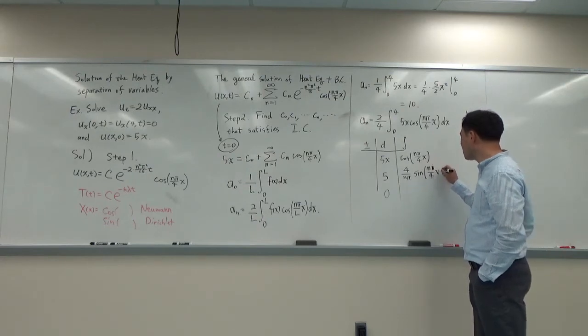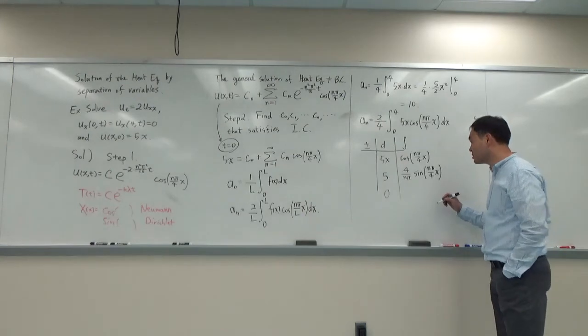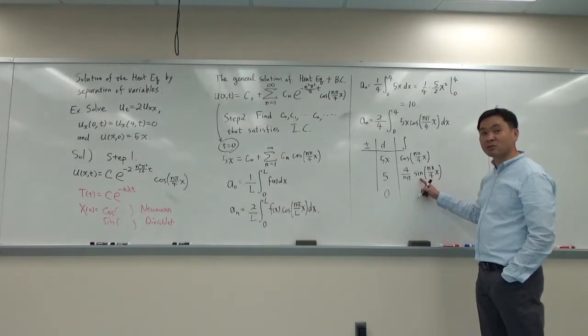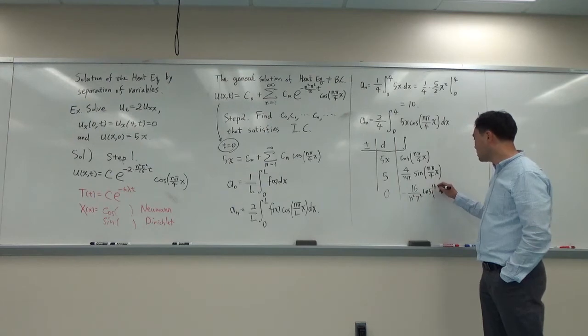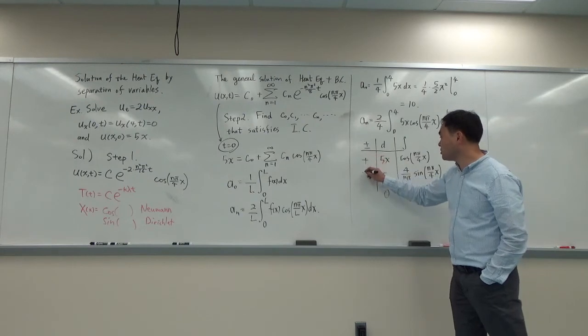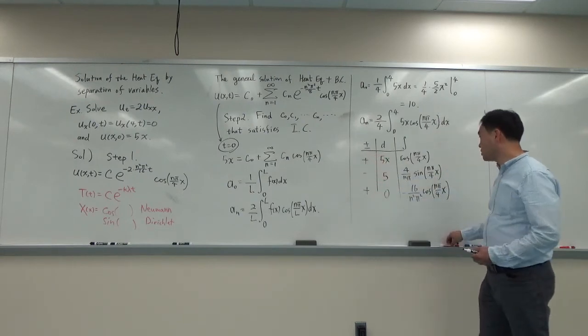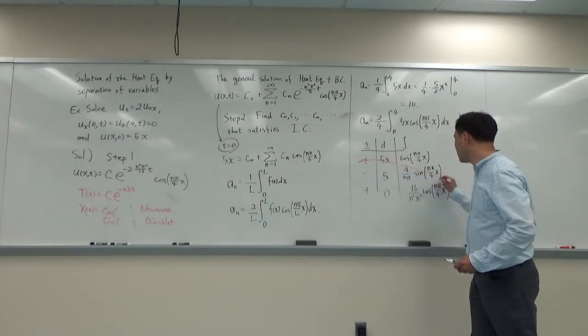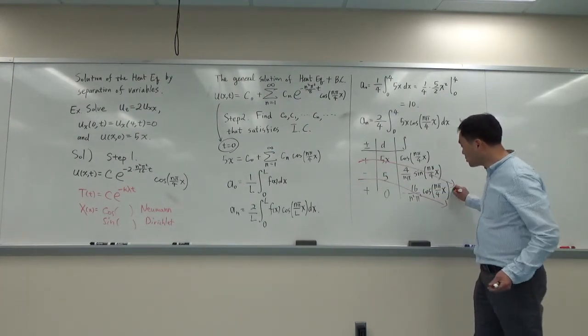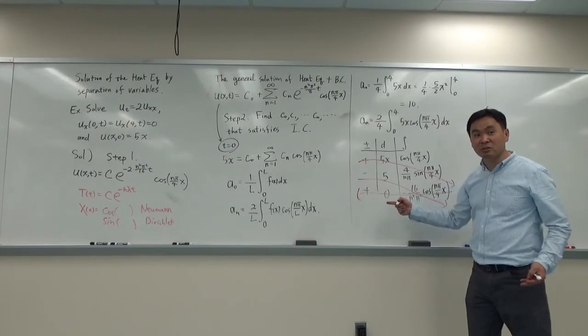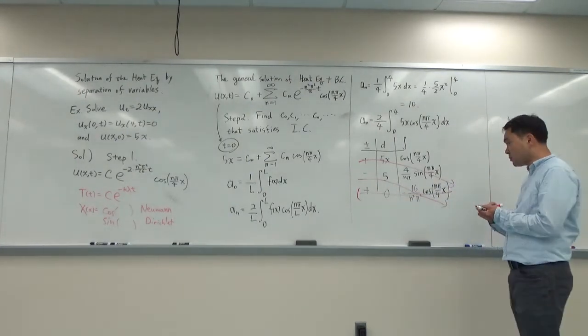By the way, this is very similar to the quiz question that we did yesterday. You integrate sine, you get negative cosine. Another 4 over n pi comes up, so it's 16 over n squared pi squared cosine n pi over 4 x. Sign alternates. The last one also has to be multiplied and integrated, but it's 0, so we don't have to do that.